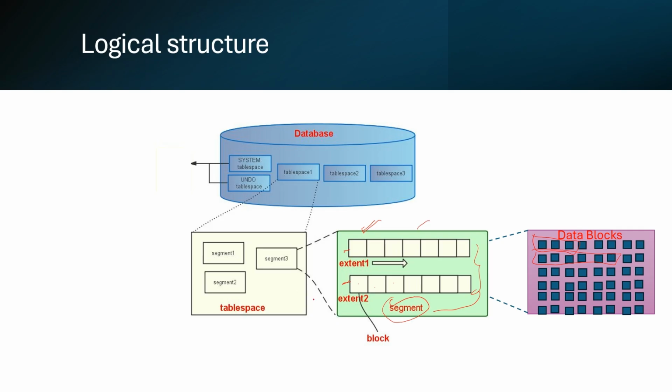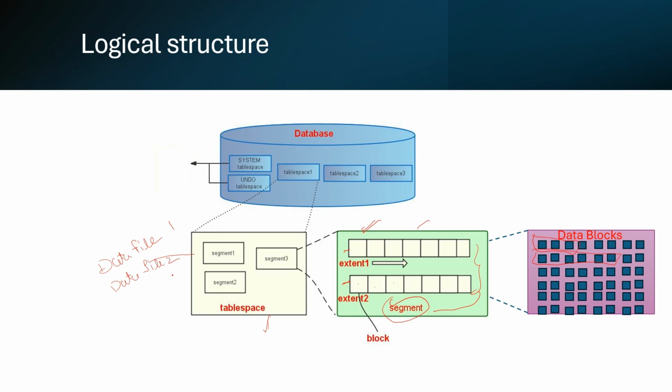The collection of segments is nothing but a tablespace. Segment 1, segment 2, segment 3, segment 4 are nothing but a tablespace. This tablespace will have one or more data files, data file 1, data file 2.